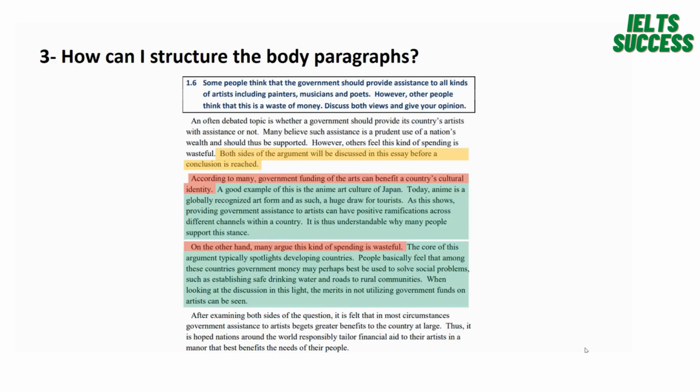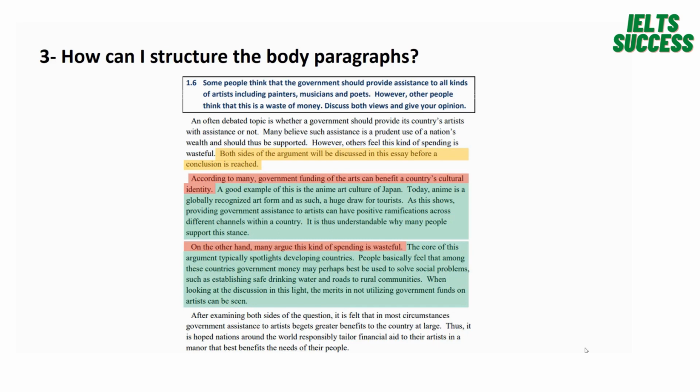So after I give an example of developing countries, I explain that it's more important for a country that the government spends money on infrastructure and developing roads and whatever other facilities should be spent on. That's why it's not that good for the country to spend money on artists. There are more important things, which is the counter argument or the opposite idea of body paragraph 1.